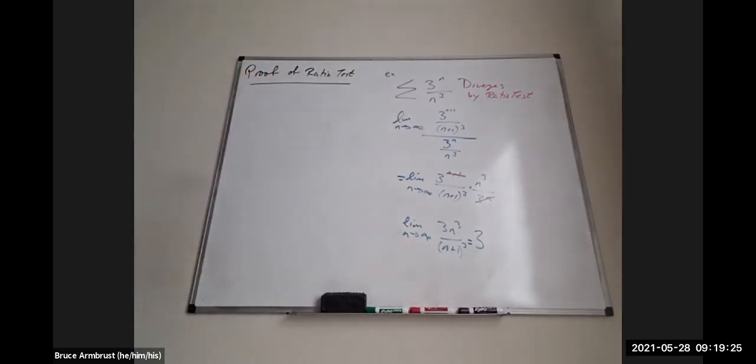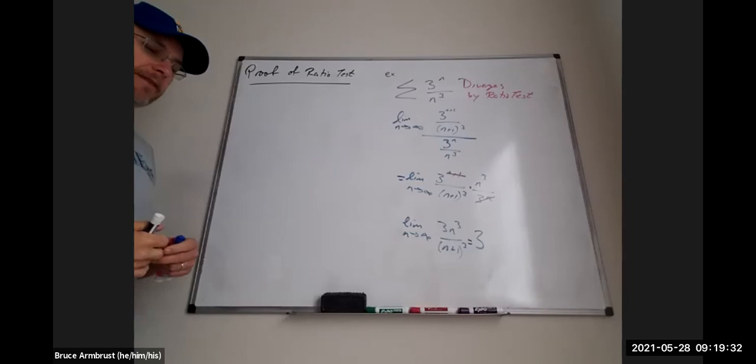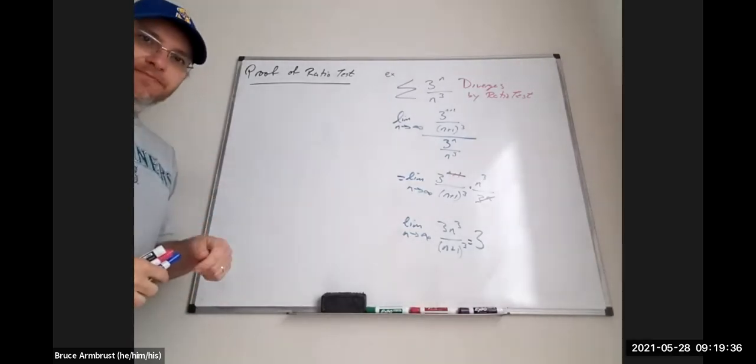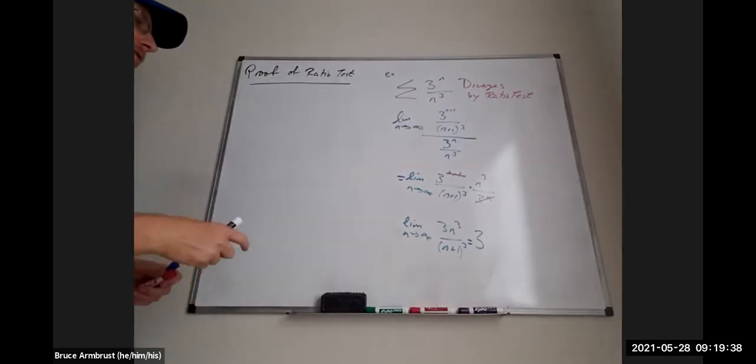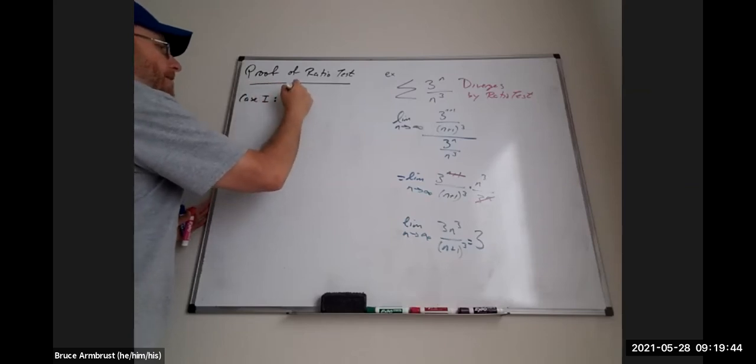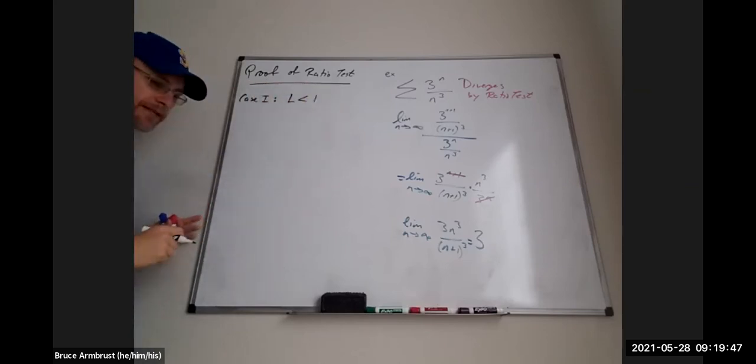All right, so let's think about looking at that ratio and thinking about the two separate cases. The one when it converges and the one when it diverges. All right, so let's look at case number 1, which is going to be where that limit is less than 1.